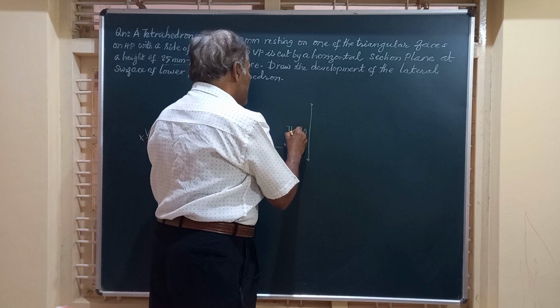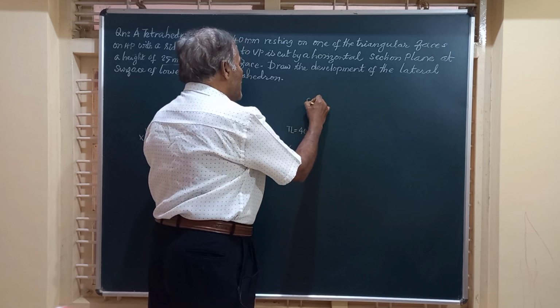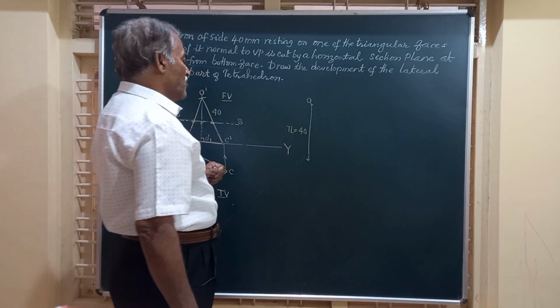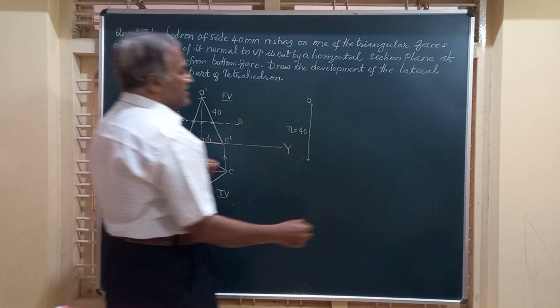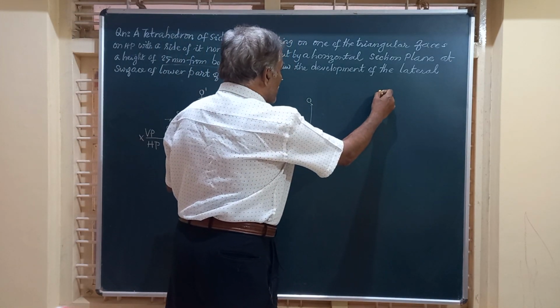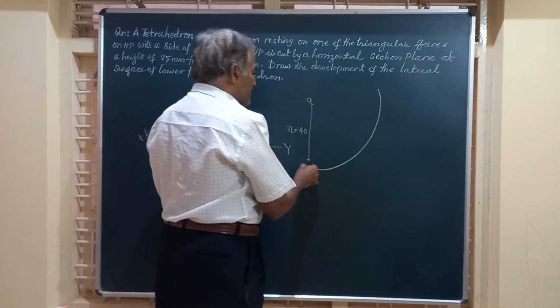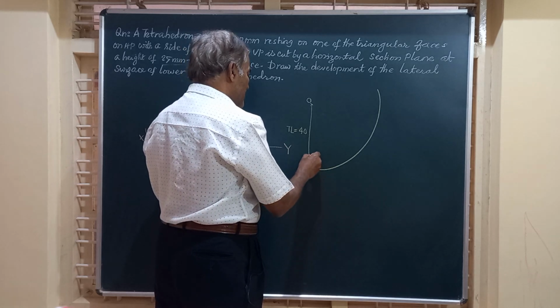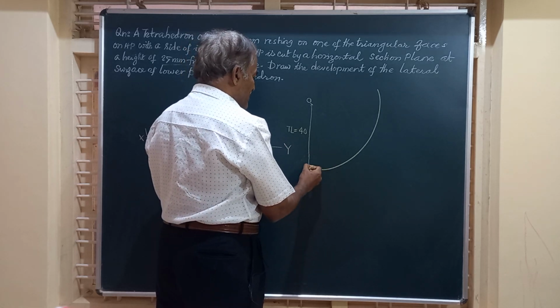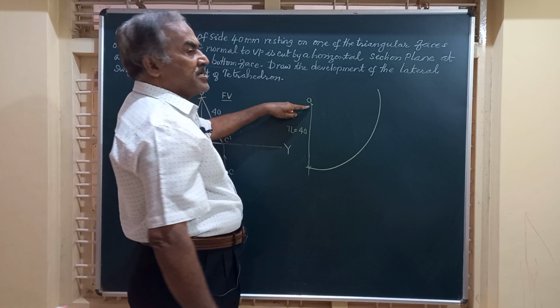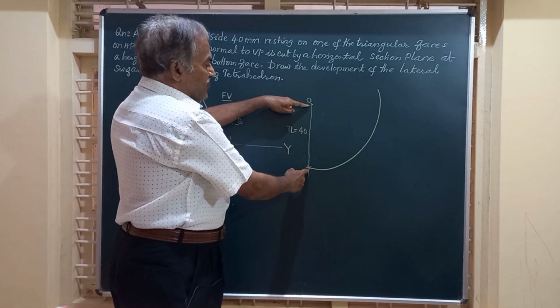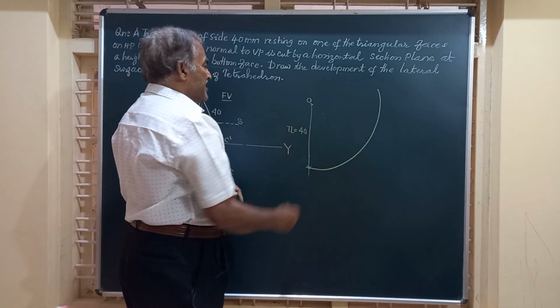I will say TL is equal to 40. I will mark it as O. With O as center and radius equal to 40 millimeter, friends, I am going to draw an arc.